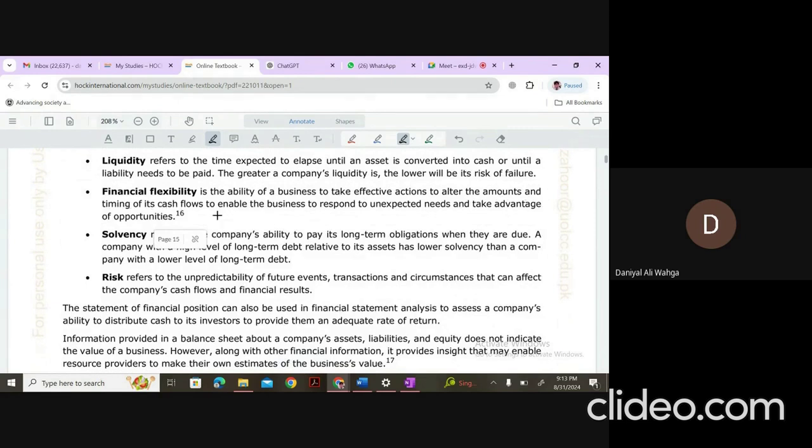The financial flexibility is the ability of the business to take effective actions to alter the amounts and the timing of its cash flows to enable the business to respond to unexpected needs and take advantage of the opportunities. Okay, so if we have a lot of debt, a lot of fixed liabilities, there would be less flexibility for the company.